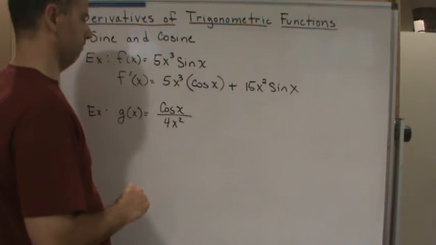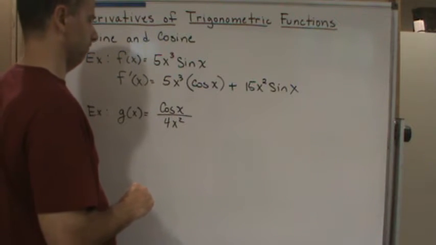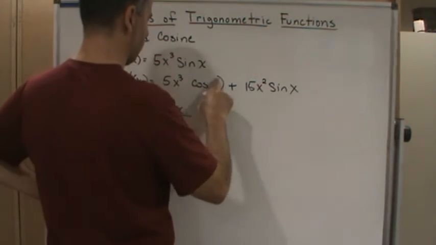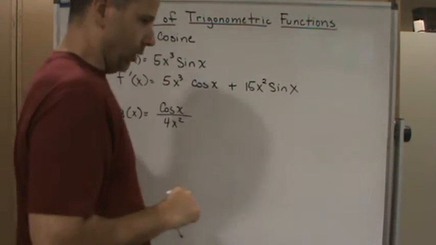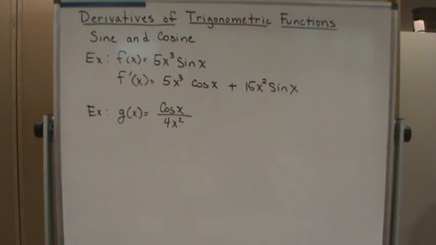Okay, and that's it. So we don't even need these parentheses here. So that's the final answer. There's nothing else we can do to simplify it. And so that's the way we would leave it.